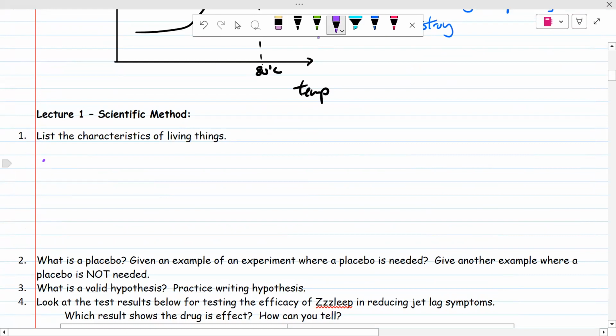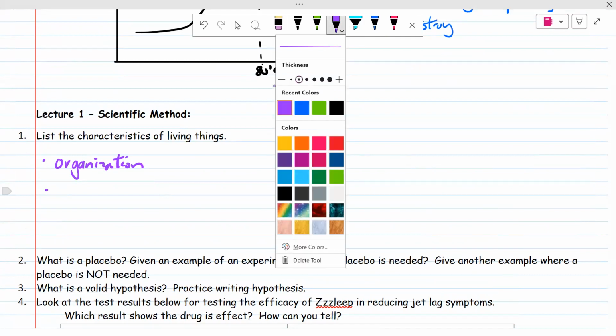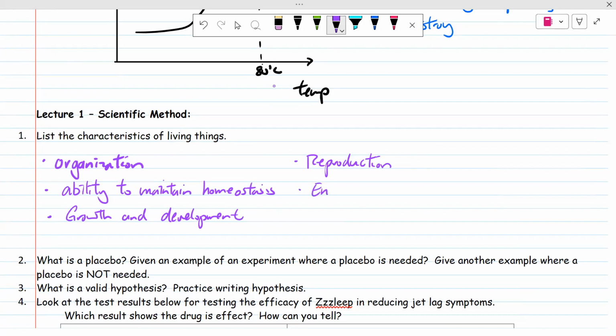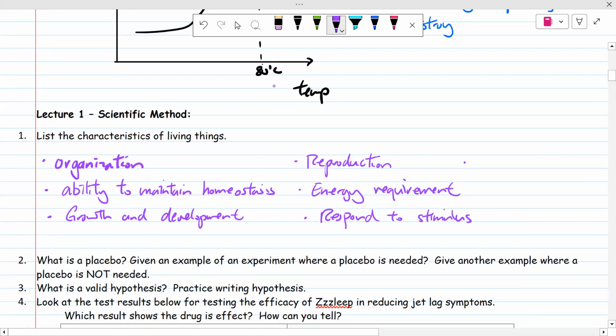Organization, ability to maintain homeostasis, growth and development, reproduction, energy requirement, respond to stimulus, and there's one more.